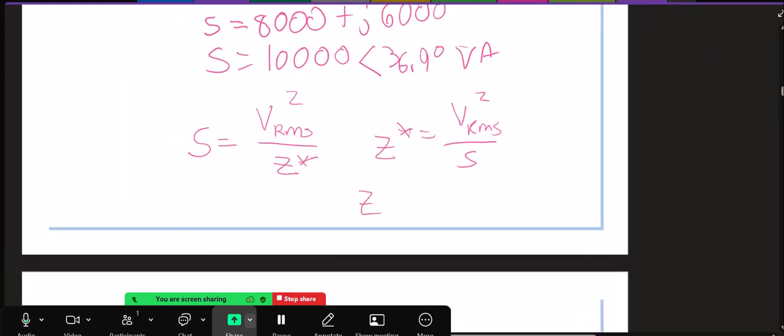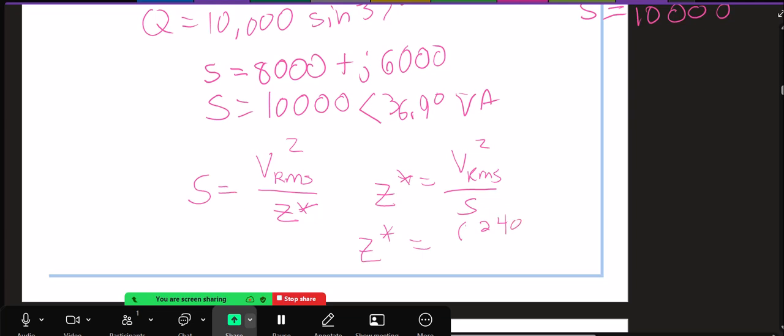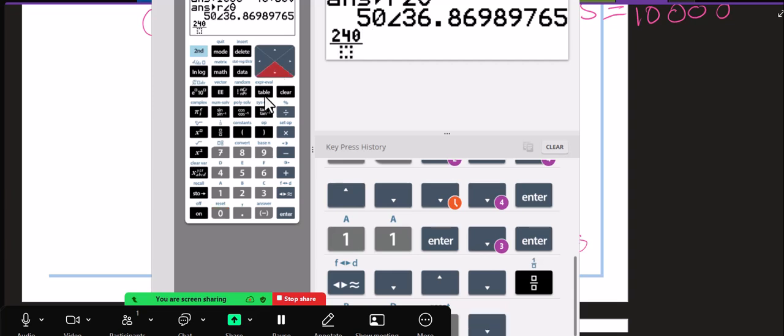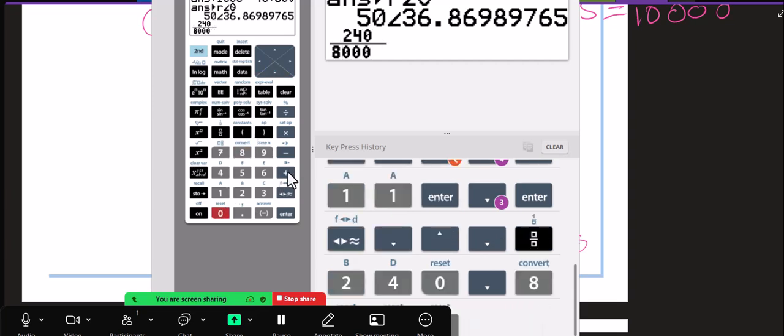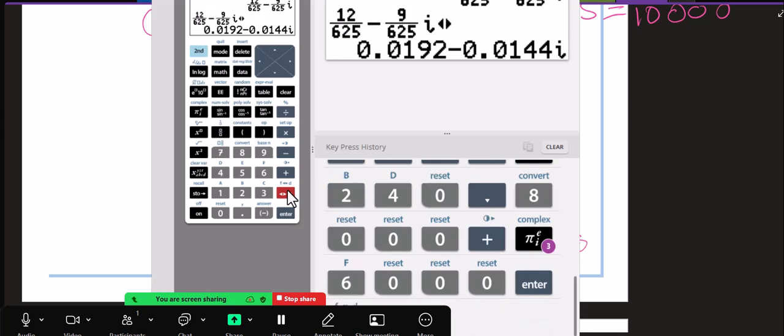So this would tell me that Z conjugate would equal V RMS squared over S. So V was 240 angle 0, squared, over S, which was 8,000 plus j 6,000. I'm missing 1,000 in there somewhere.